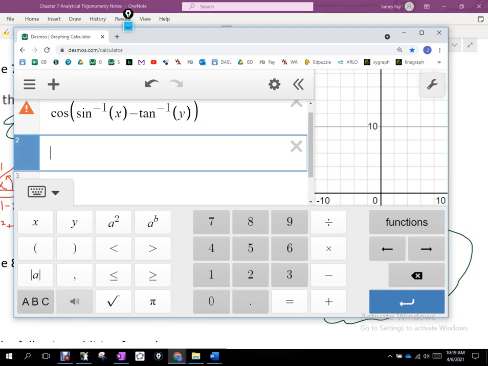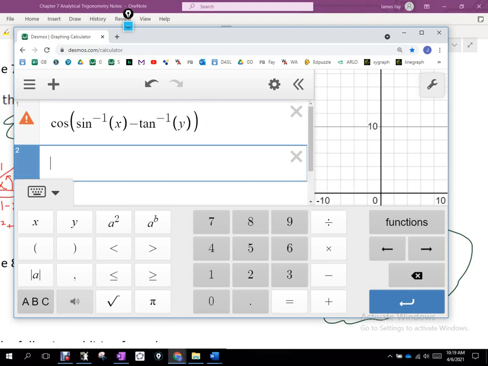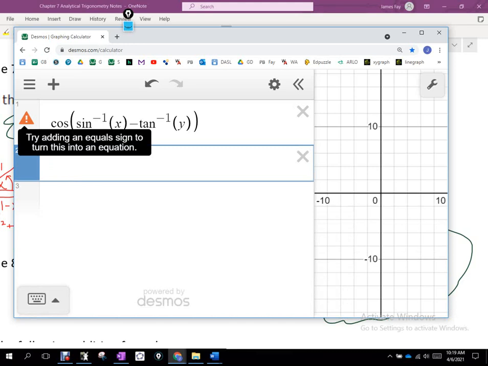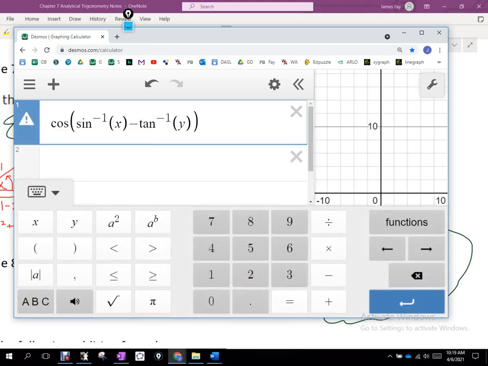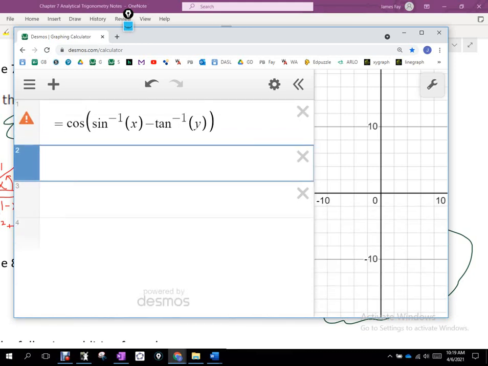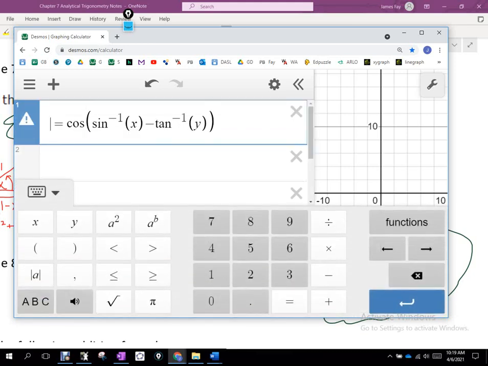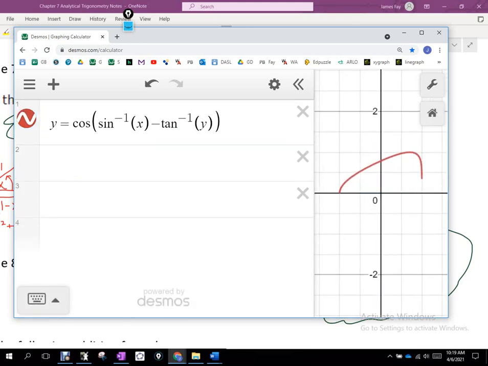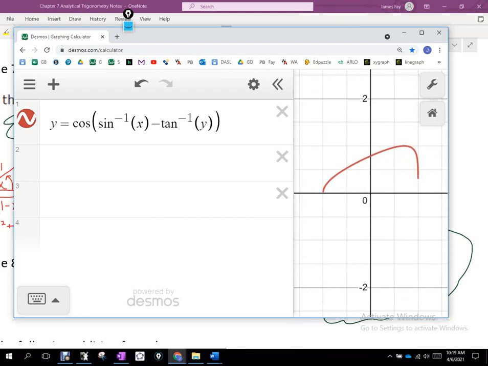If I type that in GeoGebra, it'll graph it. But here it doesn't graph it. It tells me try adding an equal sign. Still doesn't know what to do. So what I need to do is actually identify it as y equals. Does that make sense? And it gives me that graph right there. Pretty odd looking graph, right?